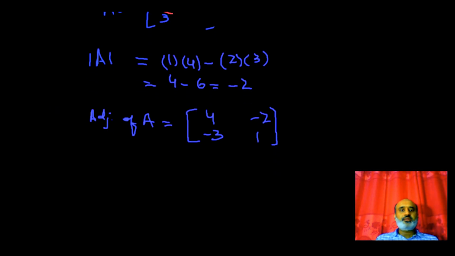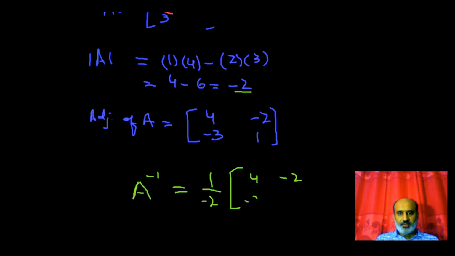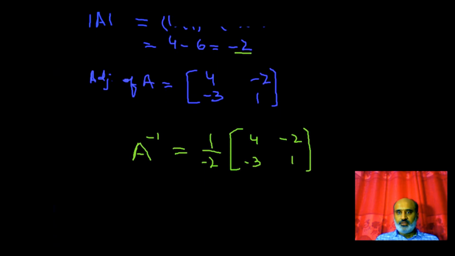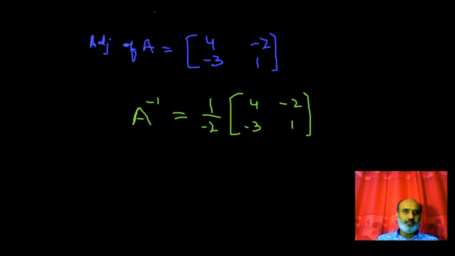Now the formula is very simple. Whenever we need to find out the A inverse, just write down 1 by determinant. The determinant is negative 2 and the adjoint is 4, negative 2, negative 3 and 1. And the better option is you need to divide this negative 2 inside the bracket also.